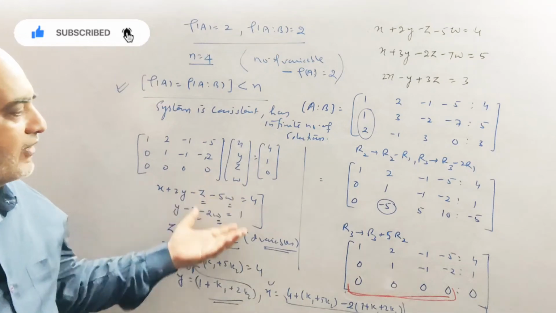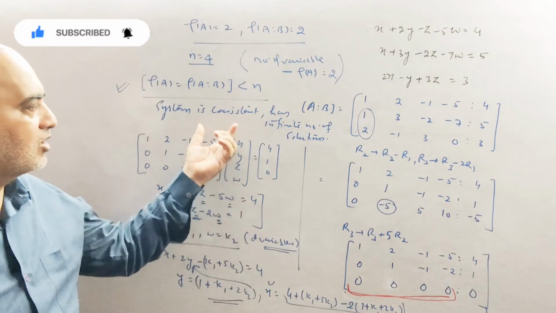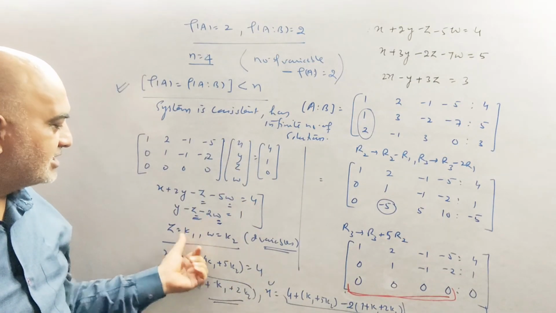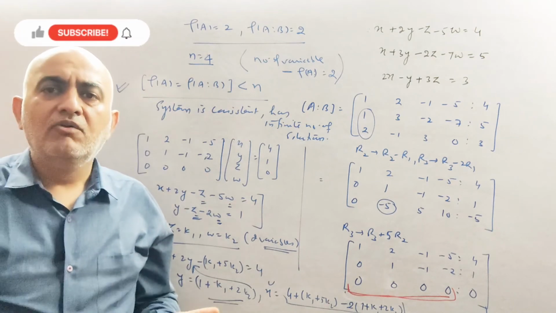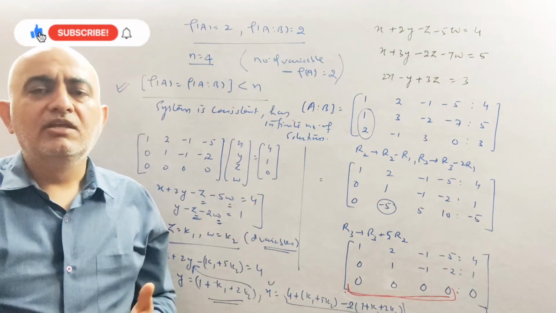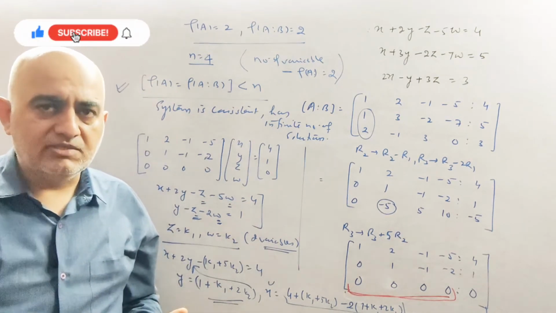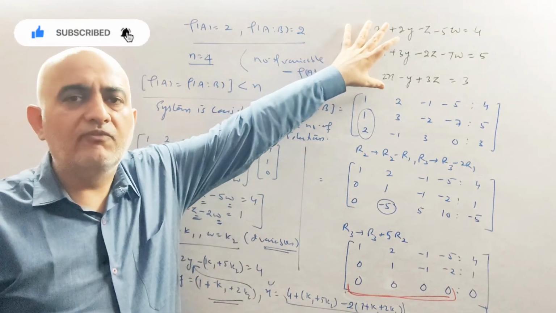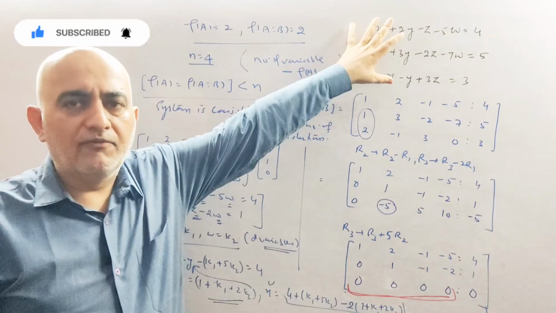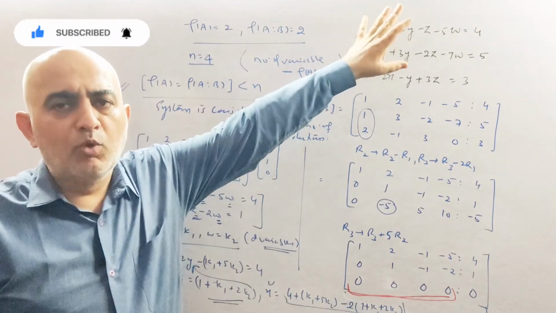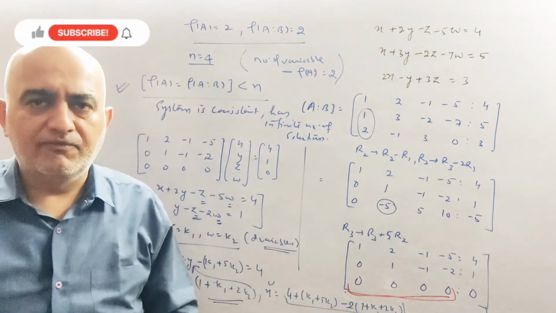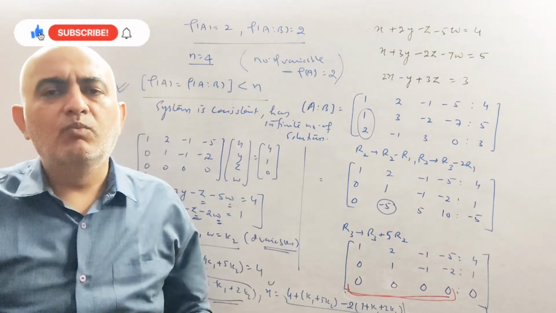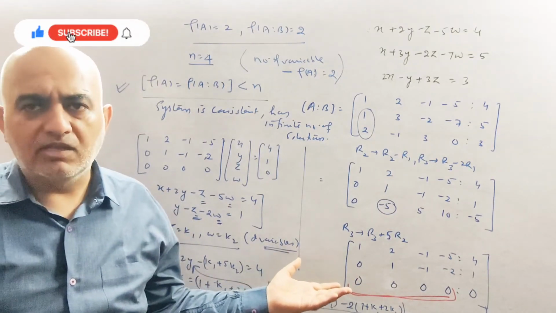So there are infinitely many solutions dependent on two variables, z and w, which are arbitrary constants. In this way we can find infinitely many solutions for equations which contain more variables but fewer equations. This is possible with the help of the rank of the matrix only.